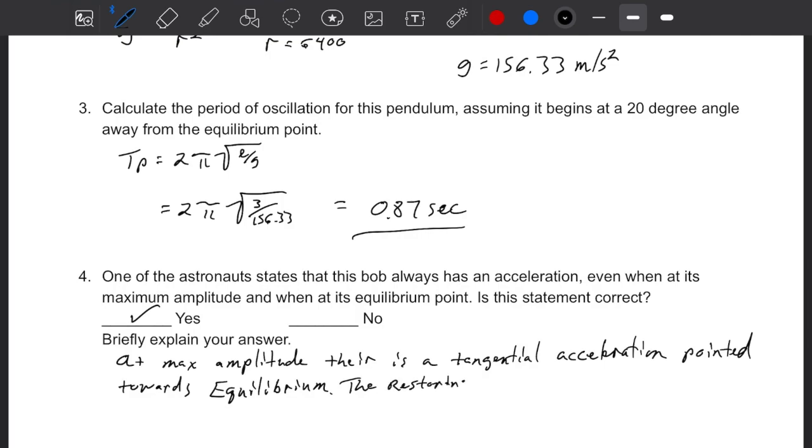As you're approaching equilibrium, tangential acceleration is going towards zero. As you're going towards equilibrium, centripetal acceleration is becoming its maximum value. So yes, there is acceleration through the entire motion.